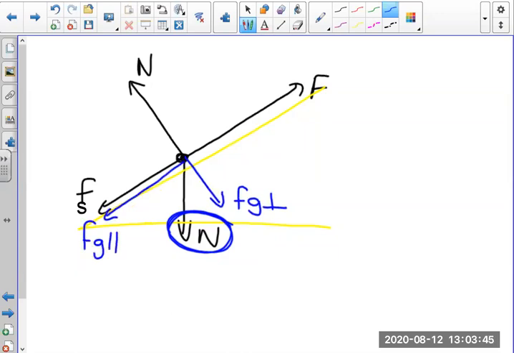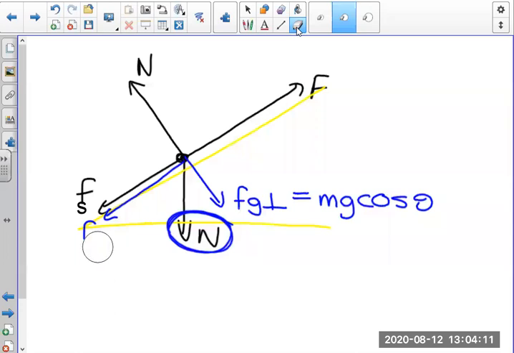Okay. And when we want to work out the Fg perpendicular or the Fg parallel, we're going to remember that now the formula is mg cos theta. So you mustn't get confused between the formula that we use for Fx and Fy and the formula that we use for Fg perpendicular and Fg parallel.